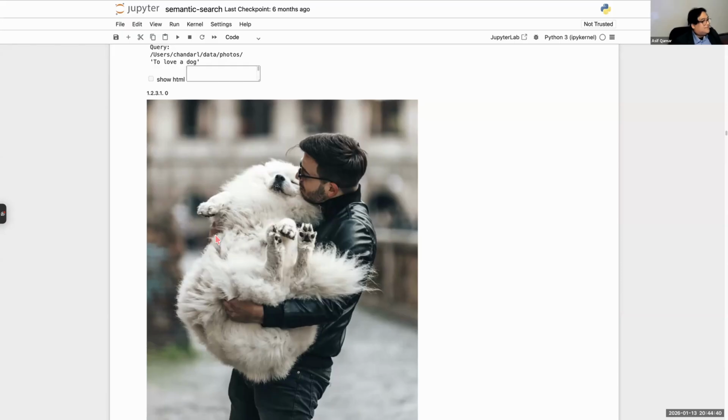Would you agree that nothing further needs to be said when you look at this image? It is to love a dog, right? No, not generated. These are original. These are from Unsplash. This is one of the largest repositories of images that are available for public consumption.